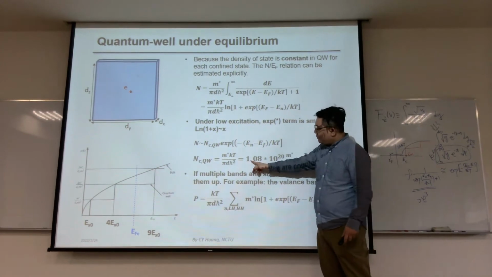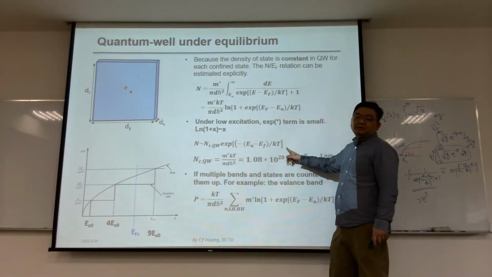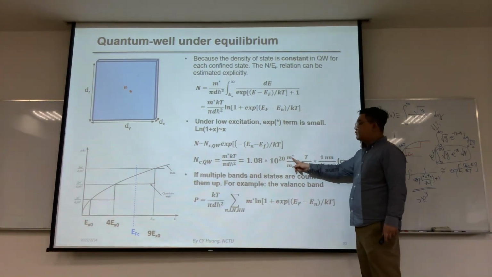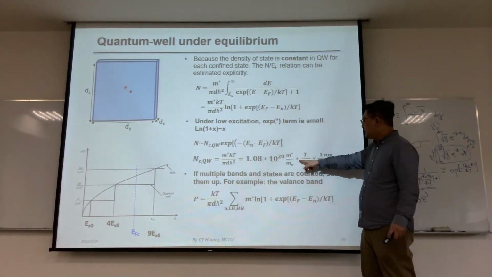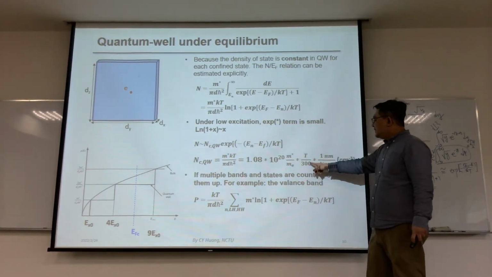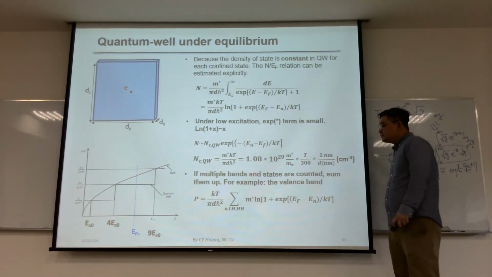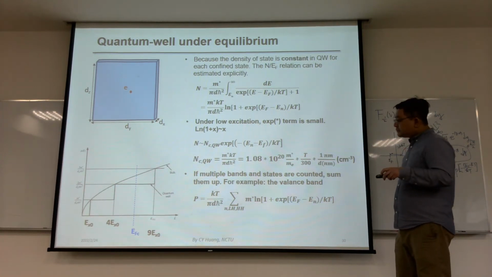It will be 1.08 times 10 to the power 20 times the effective mass of electron or hole, depending on what you're calculating, times T divided by 300, and 1 divided by D. Okay, we will practice later.